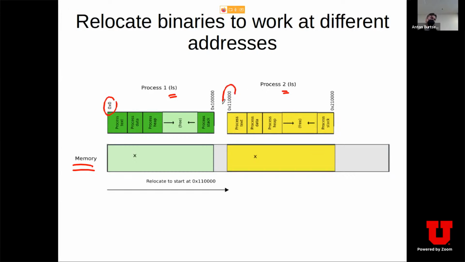One is relocated to run at this address, with a tiny gap between them. You can very well do that, clearly it's possible. I just taught you how to relocate stuff. You will have your text section here, text section here, a private instance of data, heap, and a private stack. And if you have an instance of a variable x here, one will be here, another will be here. So clearly it's possible.